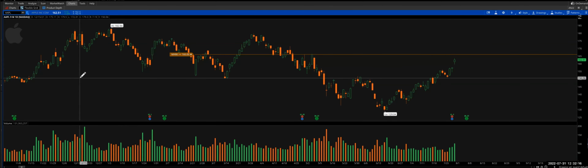With support and resistance, it literally sounds like what it says. You're looking for cluster points. You're looking for areas where you see top formations, which are resistance, and bottom formations, which are support. That's the easiest, simplest, quickest way I can explain it to you.